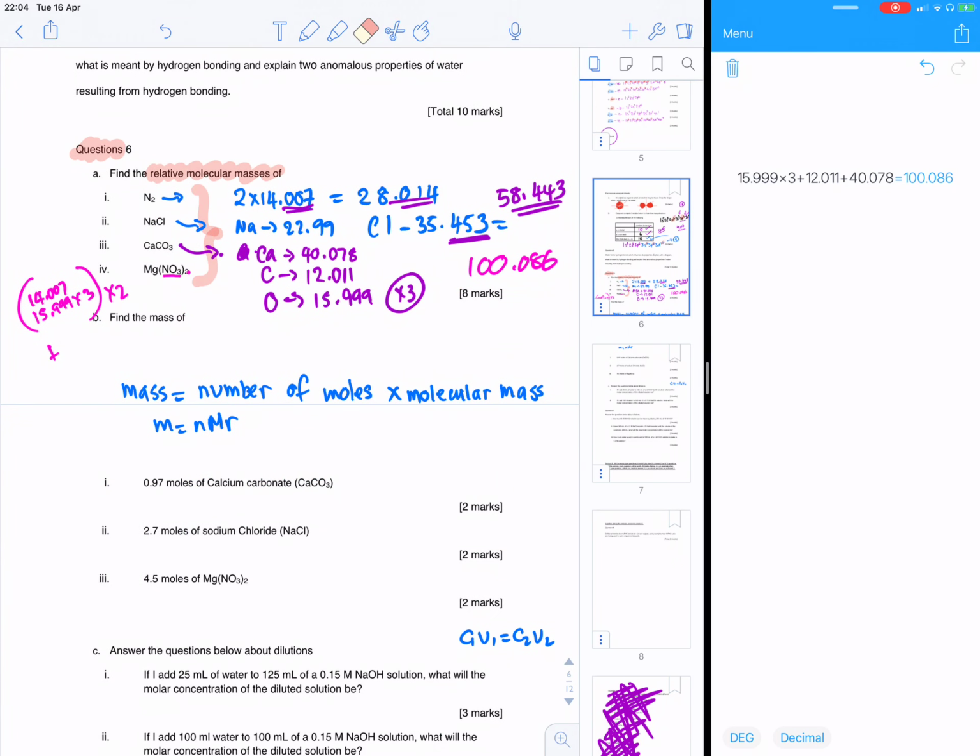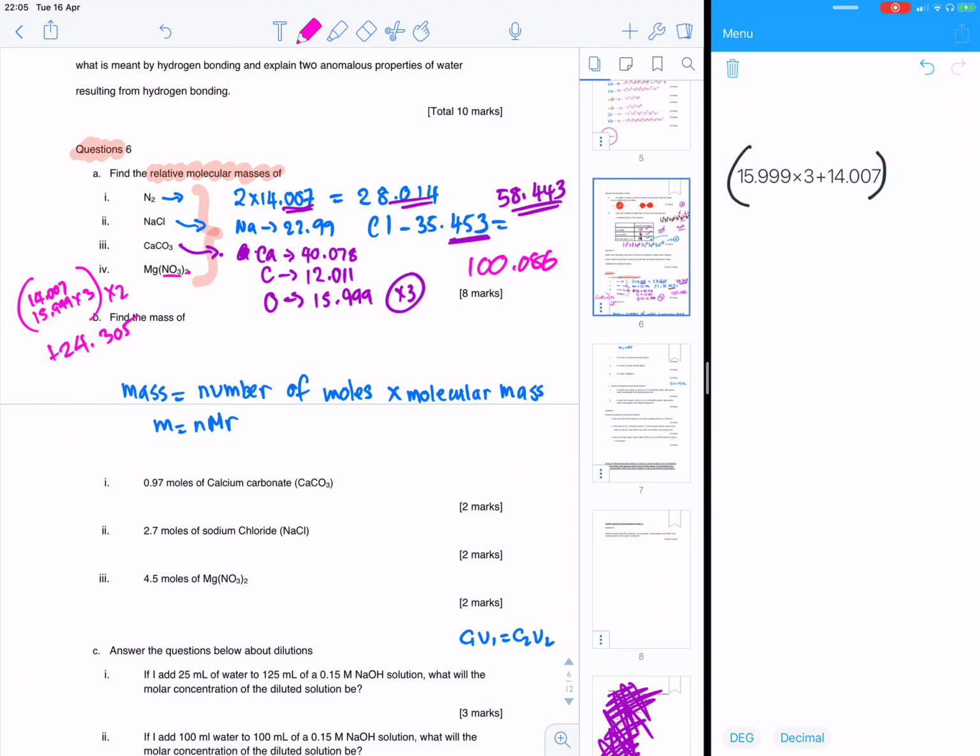We're going to add 24.305. So let's do 15.999 times 3, plus 14.007 will give us that 62.